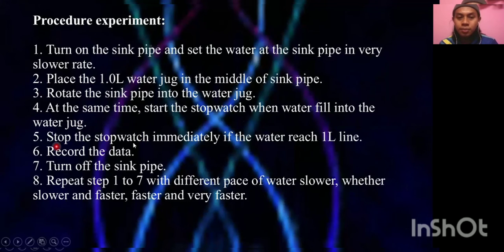Fifth, stop the stopwatch immediately when the water reaches the 1 liter line. Sixth, record the data. Seventh, turn off the sink pipe. And then lastly, repeat step 1 to step 7 with different water rates. First, very slow, slow, and faster, faster, and lastly, very fast.